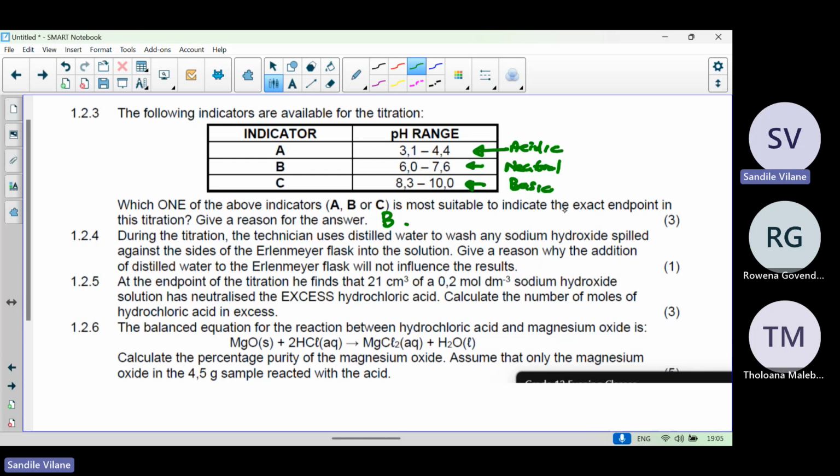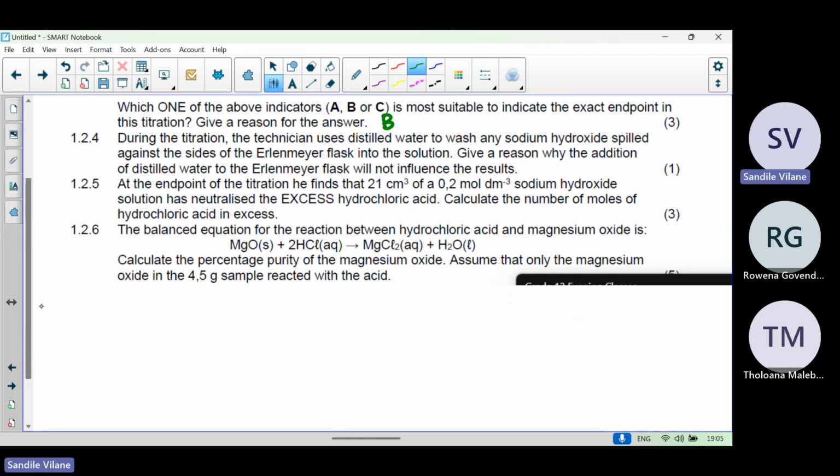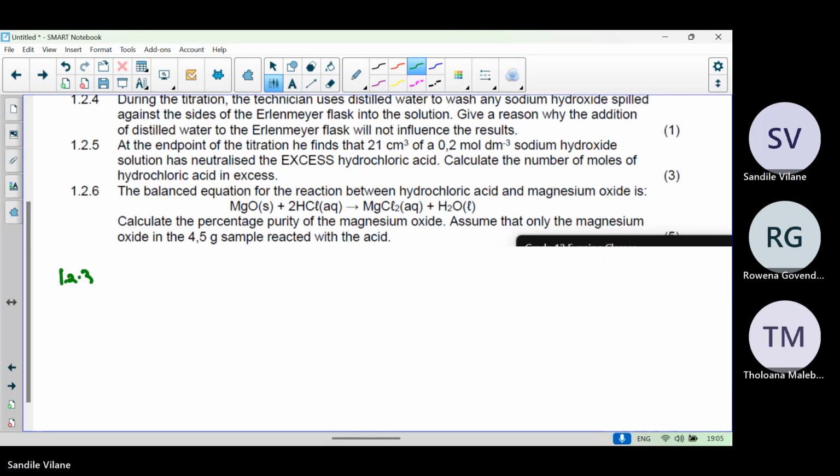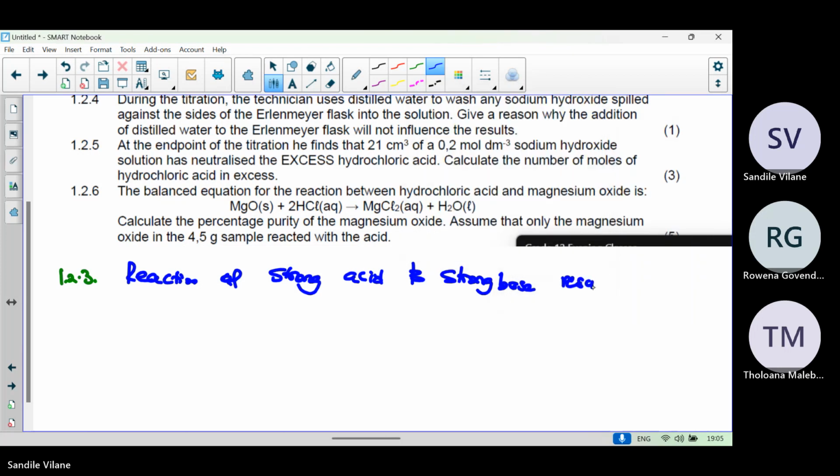It is used to indicate the exact endpoint in this titration. Give a reason for the answer. Because titration of a strong acid and a strong base results in a neutral salt. Okay, the titration reaction of a strong acid and strong base will result in a neutral salt.